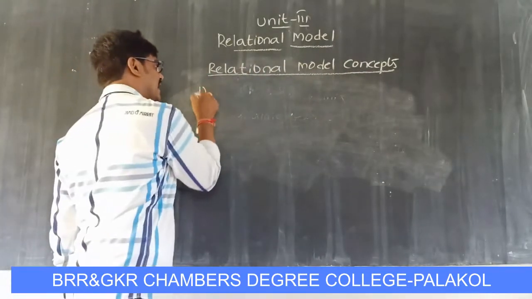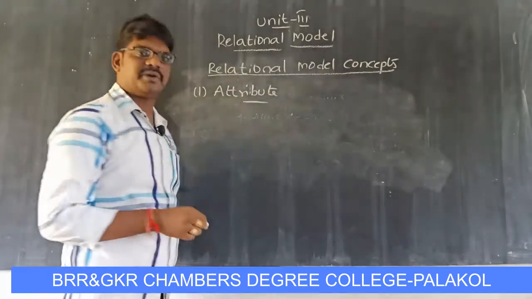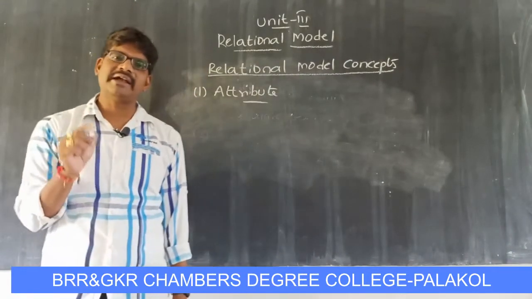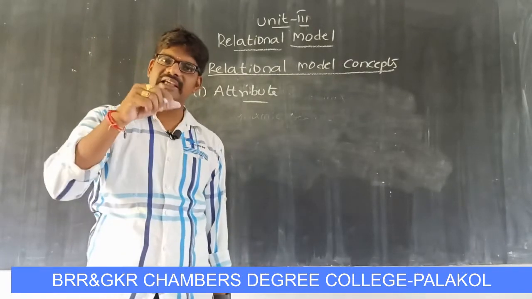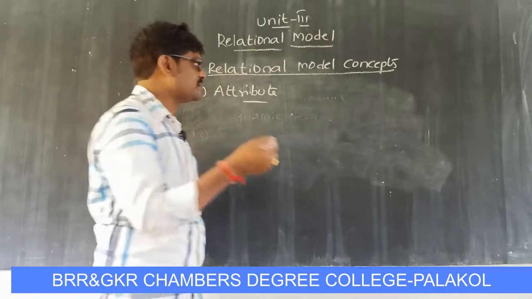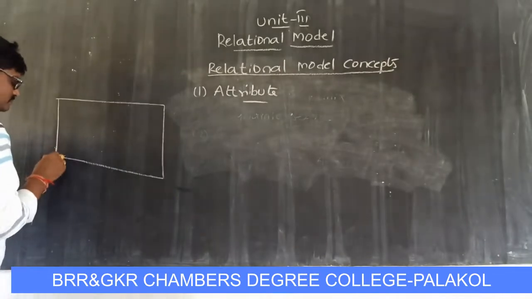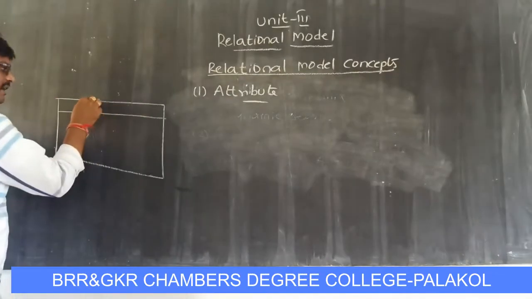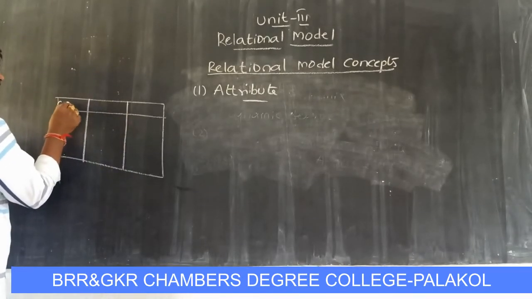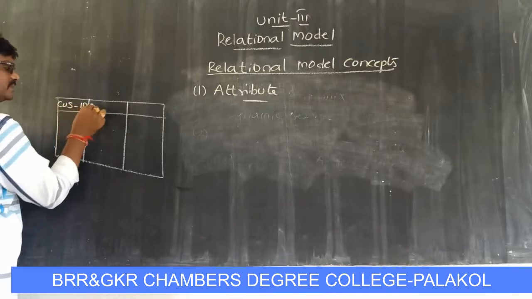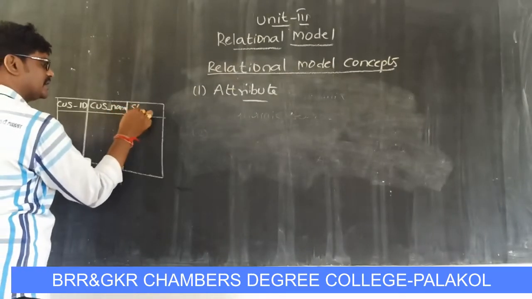The first one is attribute. What is an attribute? Each column in a table is called an attribute. For example, I am taking a table. This is the table. I am taking 3 columns: customer ID, customer name, and status.